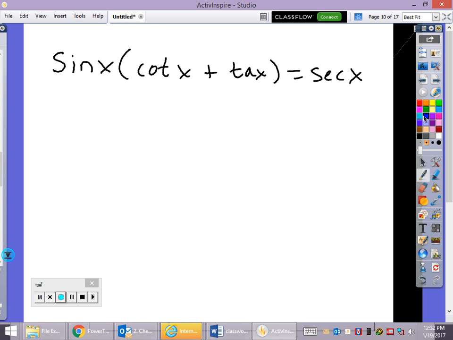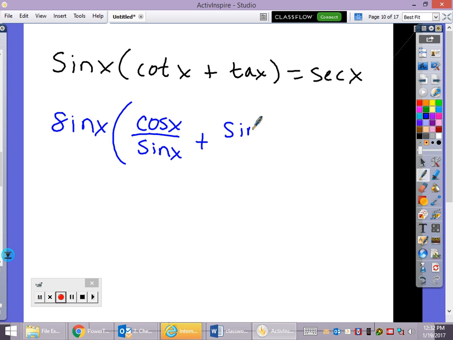What would you like me to do? Oh, change. Sine x, cosine over sine and sine over cosine. And I'm not going to touch that side.